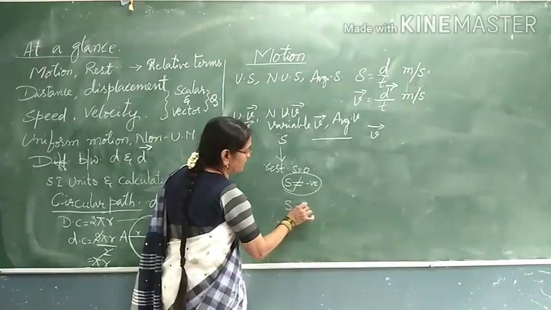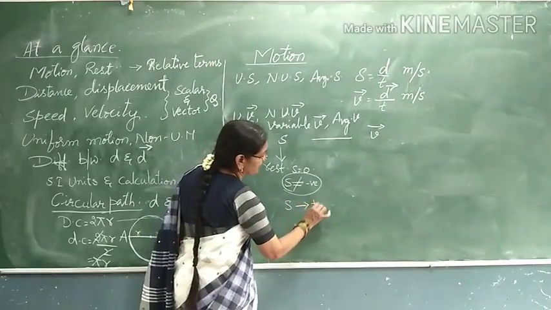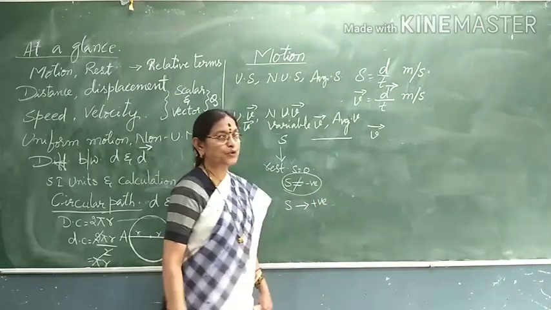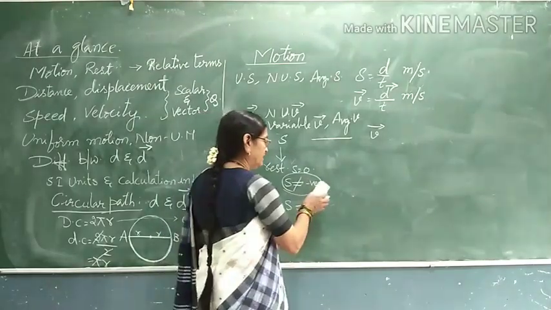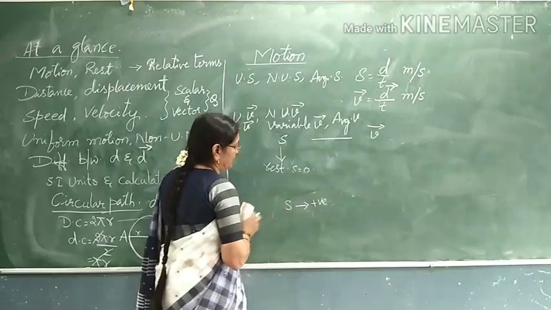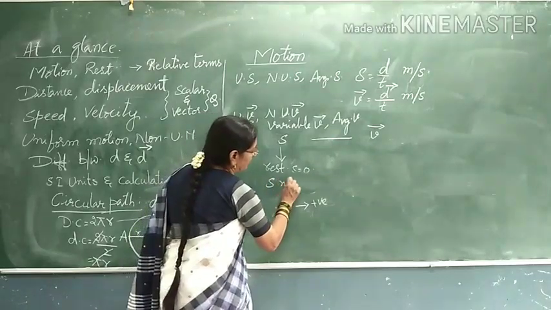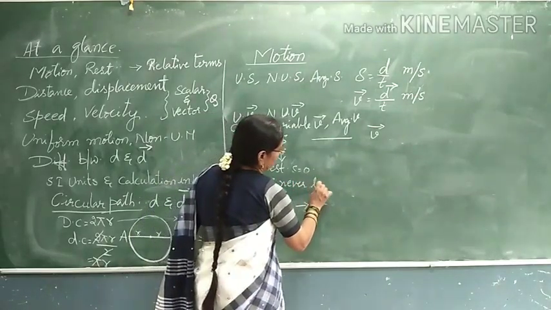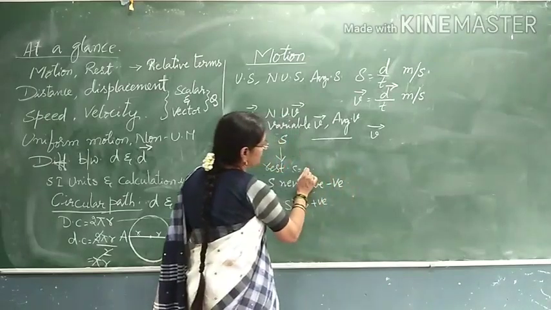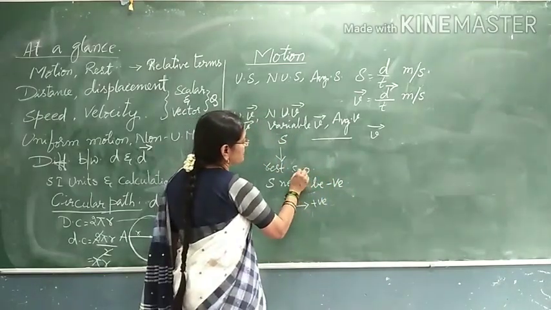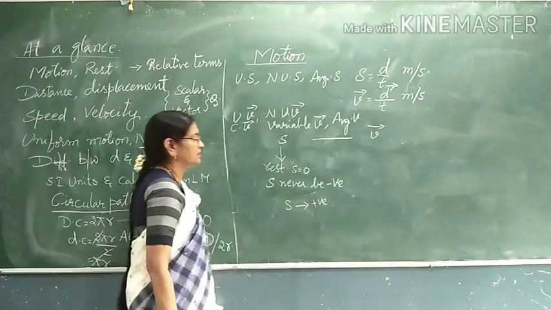Speed is always positive or zero. Understood?